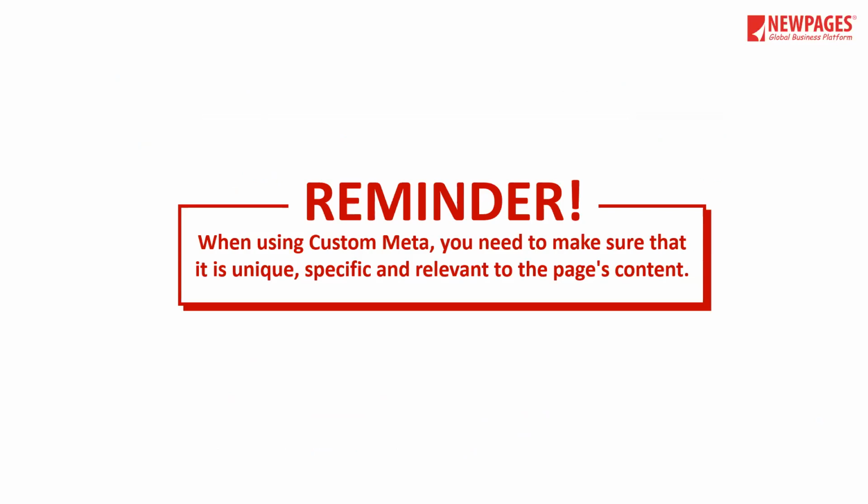So if this specific product, for example the cat treat, is a salmon flavor, that particular page, you need to talk about salmon. Don't mix it with other flavors like chicken flavor, tuna flavor, or any other flavor. You need to be specific. If your page is talking about salmon, make sure that you talk about salmon, relevant to the page content.